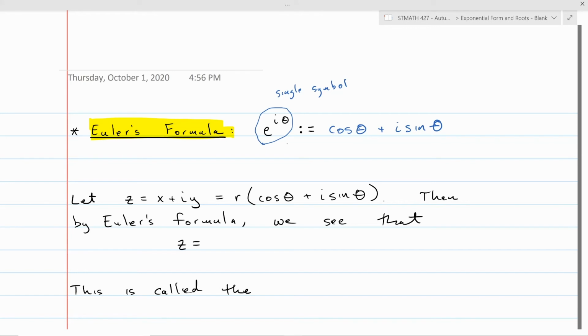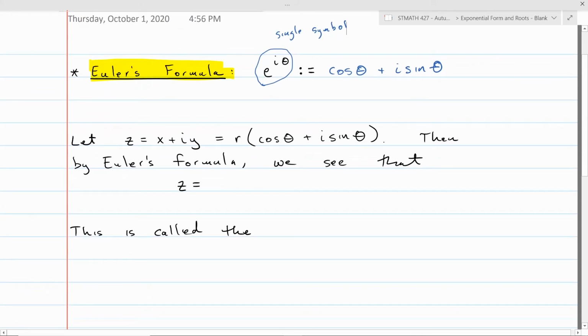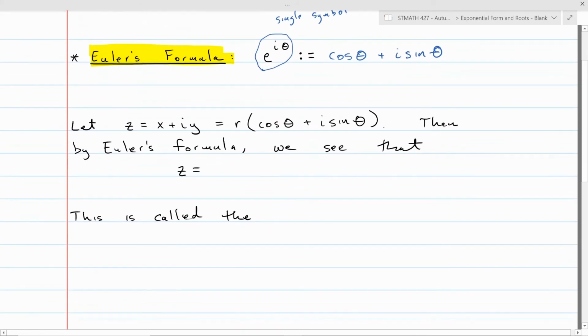There's a cool way to see this in terms of Taylor series also. If you take the Taylor series for e to the x and you plug in i theta, you can see that this is what it boils out to. But anyway, don't worry about that right now. You just have to take a little leap of faith that this is the right notation we should be using. So that's Euler's formula.